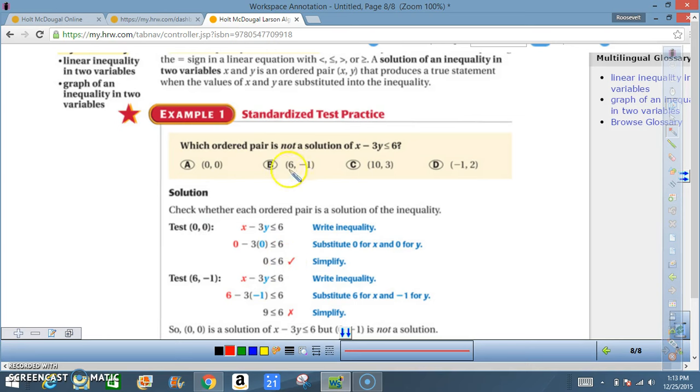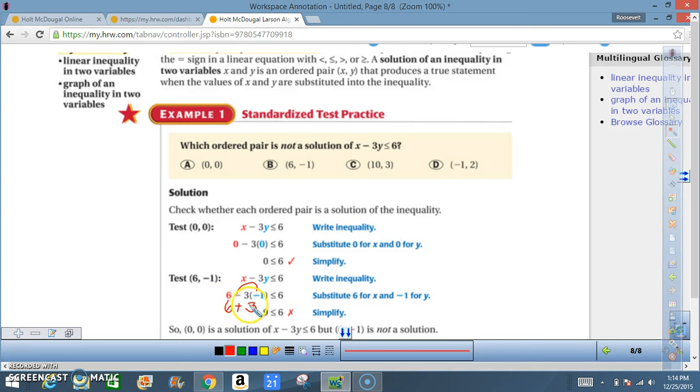Next, I test what's in line next. Next, I have 6 and negative 1. So testing 6 and negative 1. Where x is, I put 6. Where y is, I put a negative 1. Following my order of operations, I will do my multiplication first. A negative 3 times a negative 1 is 3, because a negative times a negative is a positive.